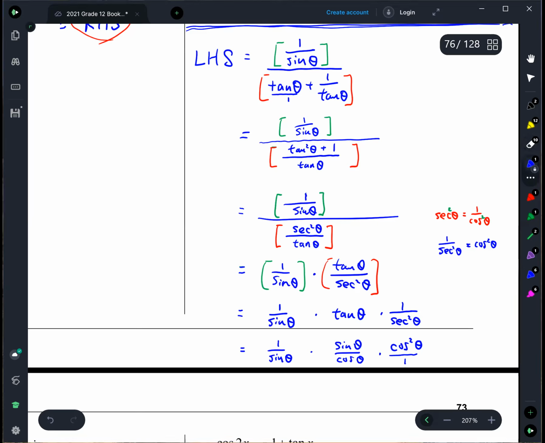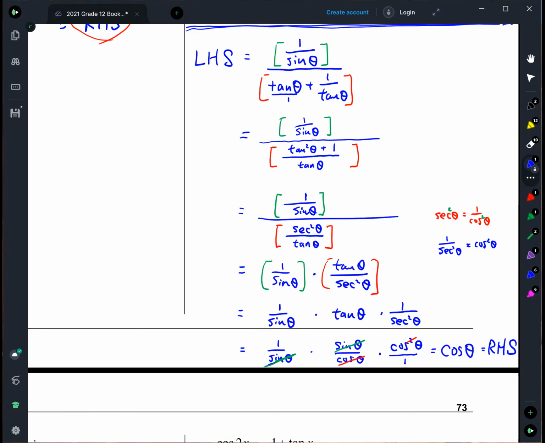So you can start canceling right away here. Sine and sine, they cancel each other. Cosine and one of the cosines on the top cancel each other. And then you can write the conclusion, cosine theta, which is the right hand side.